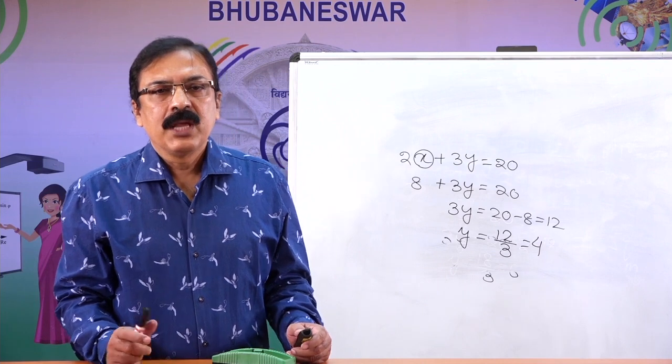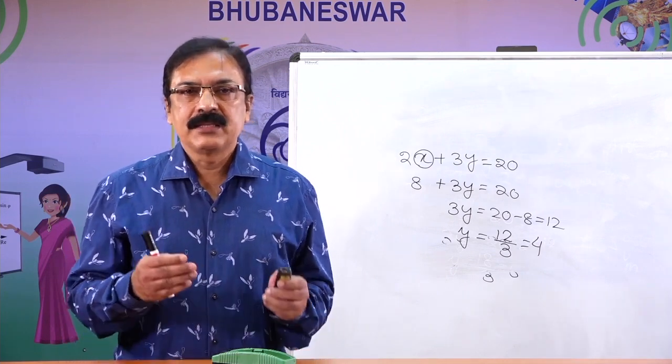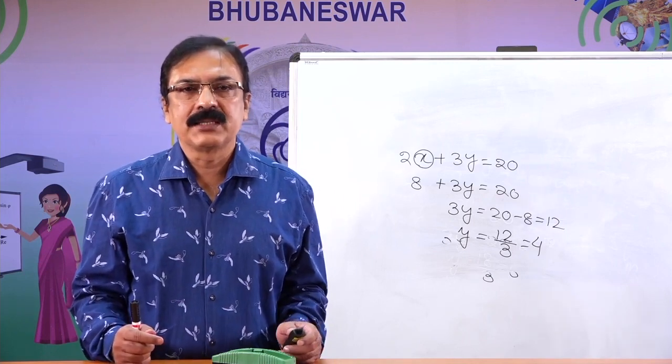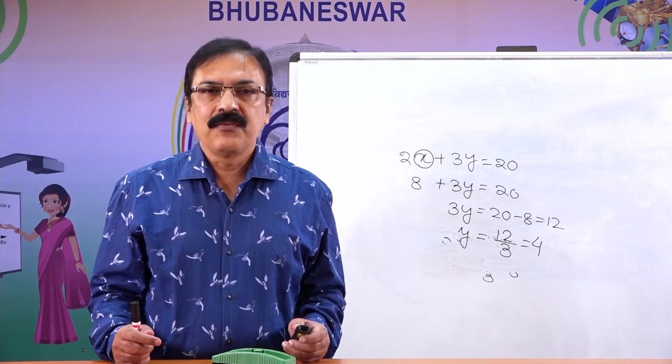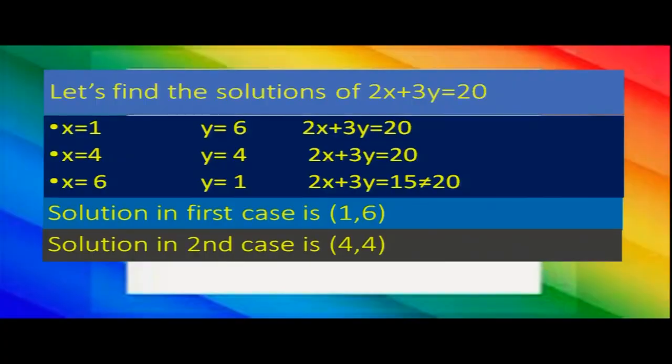Now, if we interchange the values of these variables, that is, in place of x if we put 6, will we get the value of y as 1 to satisfy this equation? Let's see.